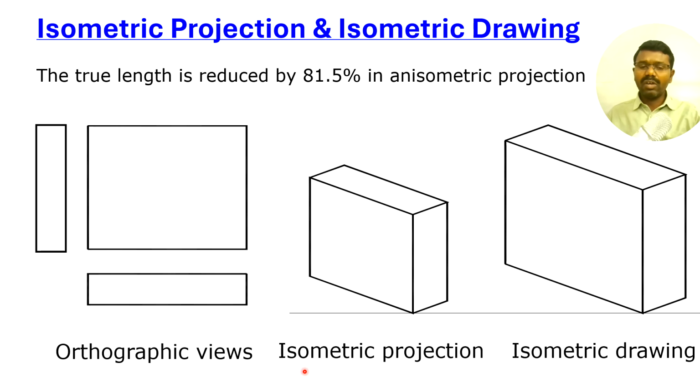If I use the true dimensions and draw, that is called an isometric drawing. Now if I need to draw the isometric projection, I need to reduce these dimensions by 81.5%. Then the reduced dimensions will appear like this, and this is called isometric projection. The difference between isometric drawing and isometric projection is only that the dimensions are reduced, because when we orient the object with the three planes, the dimensions are reduced by 81.5%.